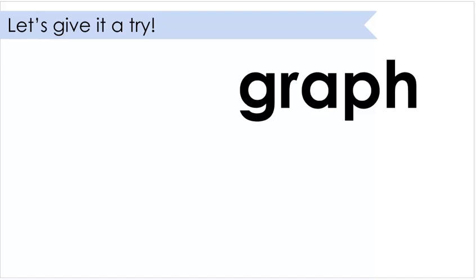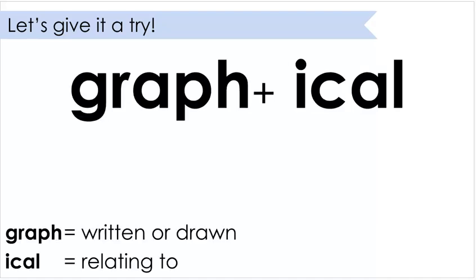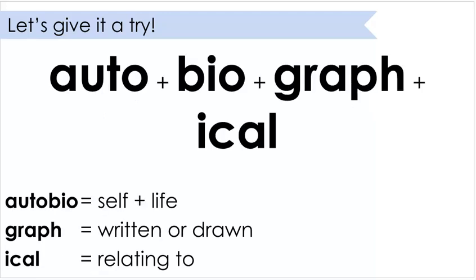Let's do another one. We're going to start with graph again, and we're going to add ical, which means related to. Now, this actually is not a word, so we're going to pull one of our other prefixes that we've done, and we're going to add autobio. I broke them up here because auto means self, bio means life, but autobio is a prefix.